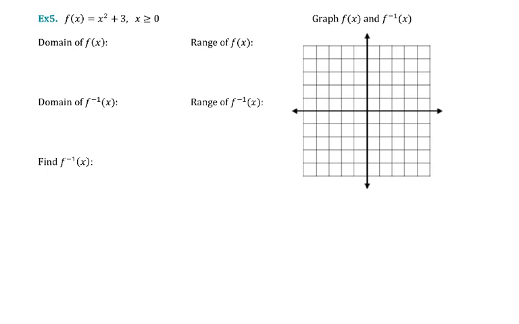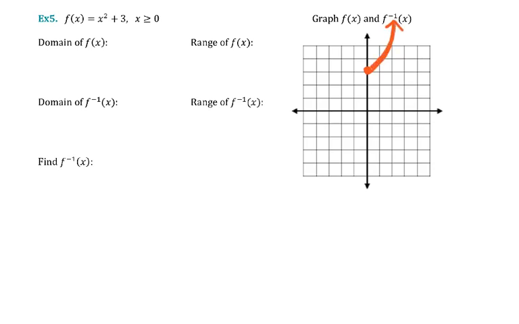So the graph of the function we're looking at here, normally we would say, okay, well, it's this parabola opening up, but it's not the entire parabola. It's only where x is greater than or equal to 0. So it's the right half of the parabola. So we're only getting this piece of it.